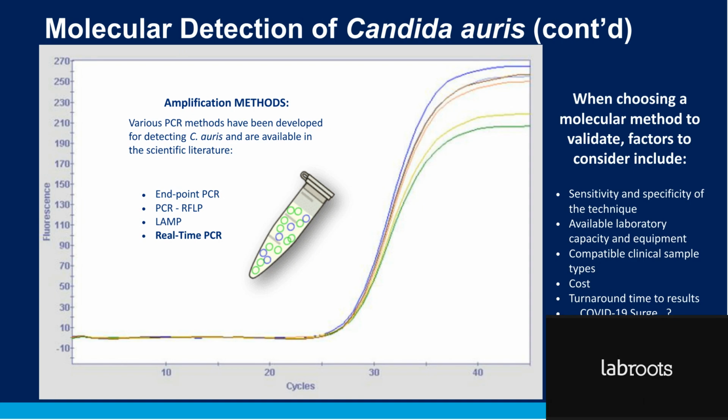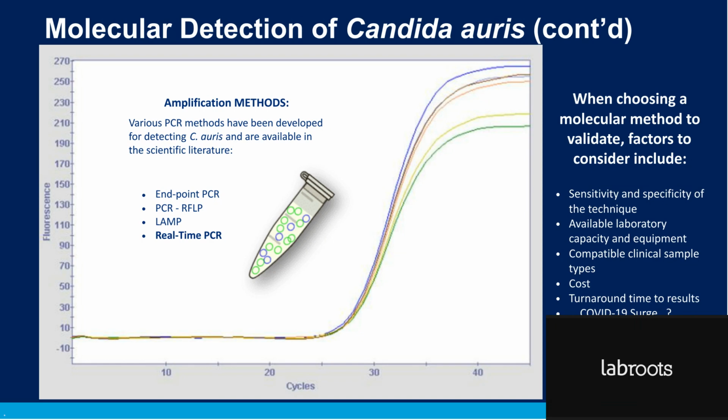What other equipment is already available in the laboratory, so that we don't need to purchase something specific just for one new test? What type of clinical samples do we need this molecular method for? Is it for the identification of positive colonies or for the identification of colonization? So very different clinical scenarios.